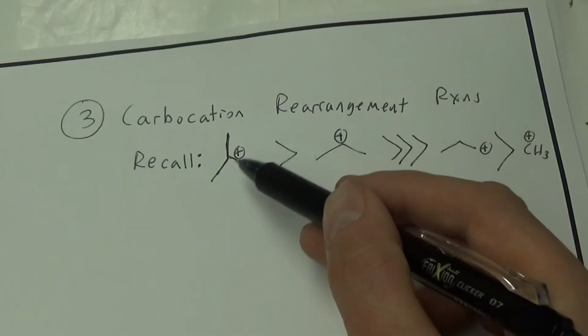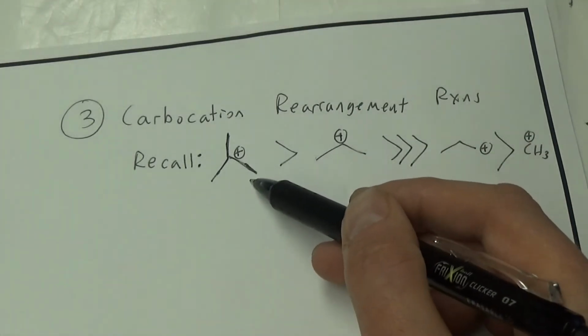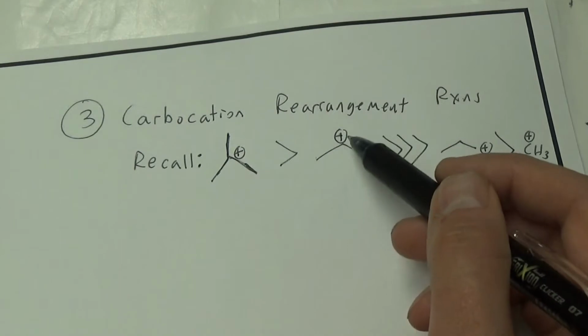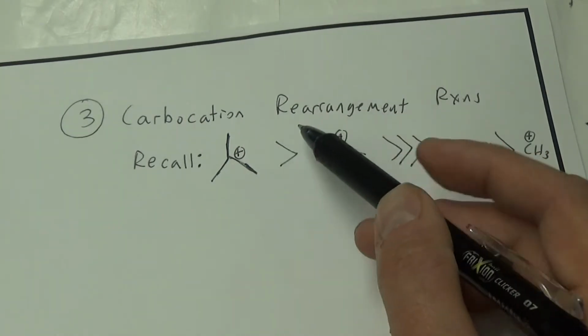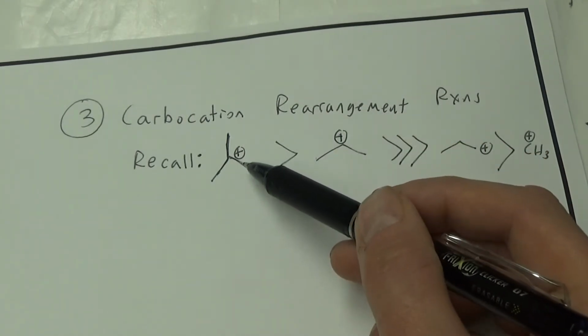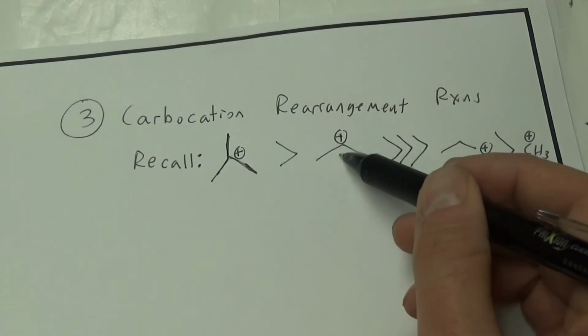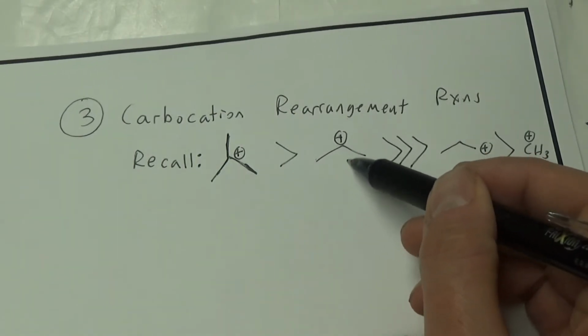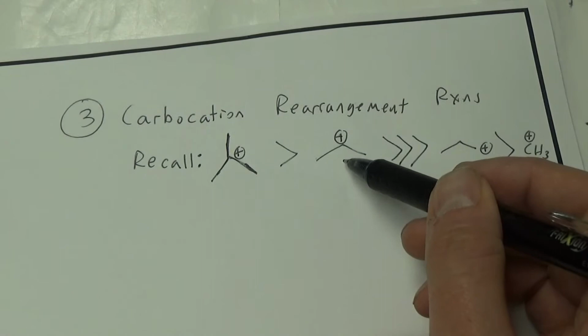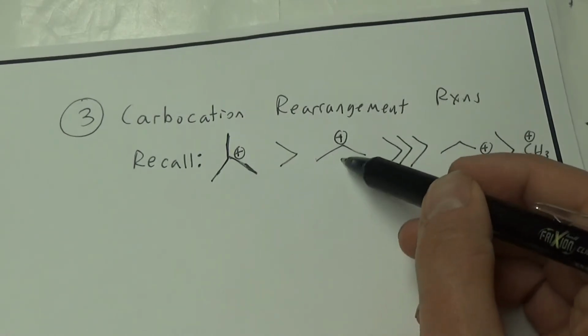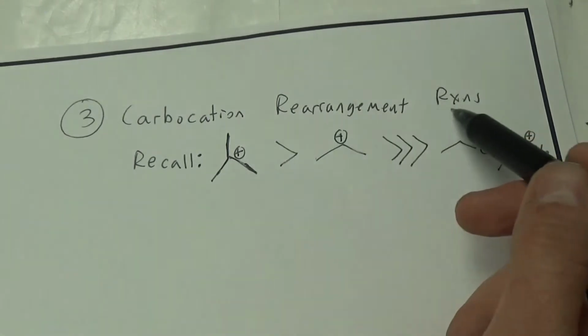But we do have cases where a tertiary carbocation is definitely more stable than a secondary. What we're going to see is sometimes a secondary, which is a little less stable, can be converted to a tertiary by a carbocation rearrangement reaction.